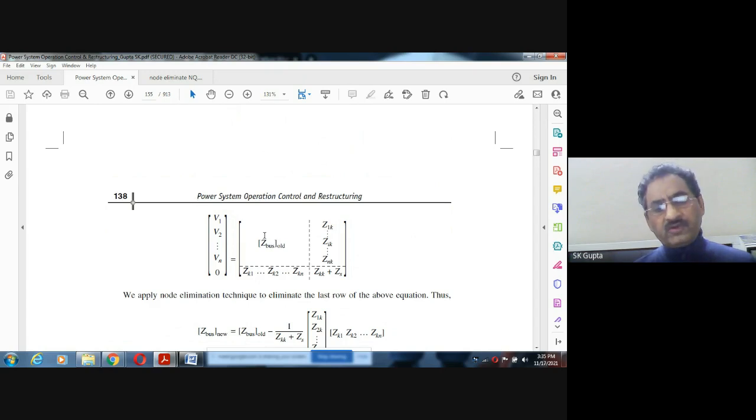Since the new bus is added at the kth bus, the kth column will be copied here, and the kth row is copied here, and the impedance value Zs, the impedance of the transmission line, is the ZKK. So as per the second modification, Z bus new will be Z bus old with this addition.